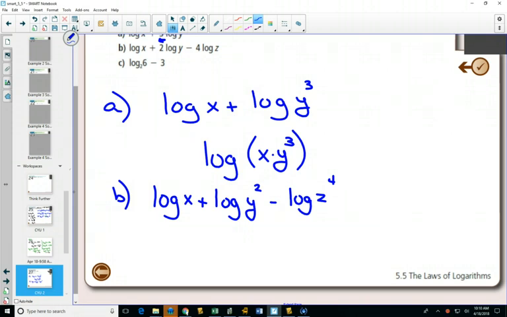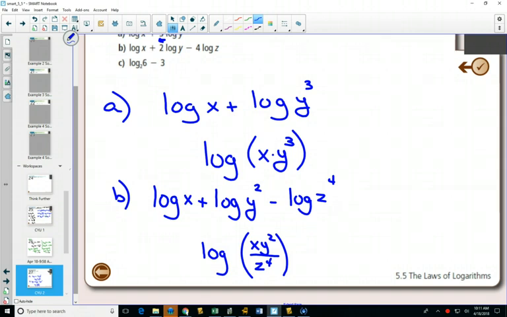And then we could put those together with another log law. I would like you to be able to, when you have a series of logs adding and subtracting, do them all at once. So all 3 of these we're going to do all at once by saying whatever is added will be multiplied in your numerator, and whatever is subtracted will go down to your denominator. So we could do that in 2 steps, but we're going to just do it in 1.